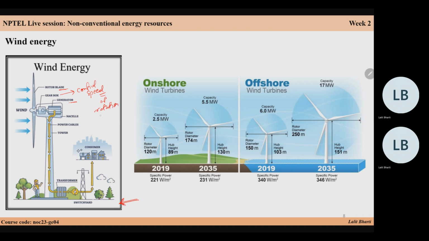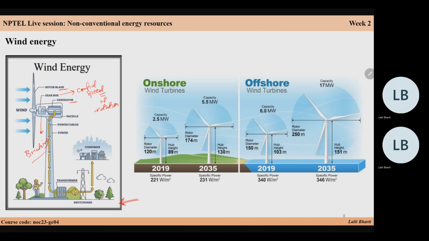And whenever required, there can be a braking mechanism also. Whenever required, they can slow down the blades, so the windmill will be saved from any kind of destruction.